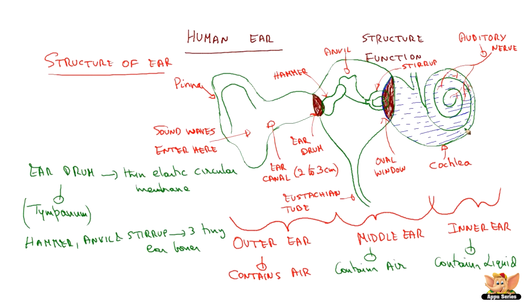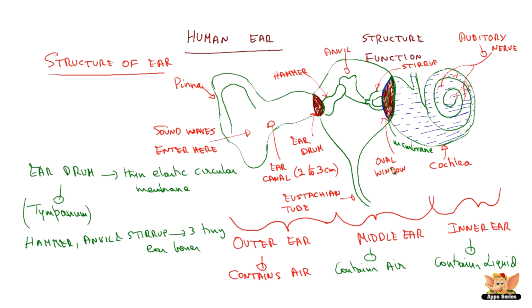It's a coiled tube connected through an elastic membrane over the oval window. So this coiled tube is connected to the oval window through this membrane.